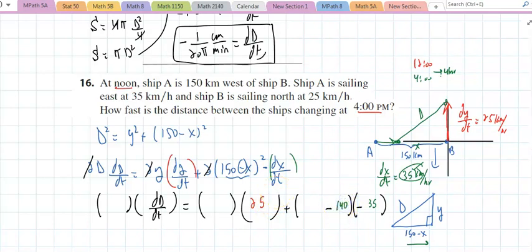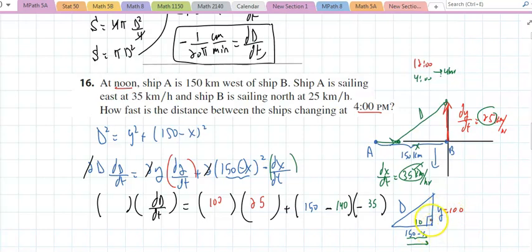Right? 140. And this is 150. So basically, I could say this is 10. That's simple. If this passed 140, now it's 10. This is moving at 25 kilometers per hour. In 4 hours, that moved 100.